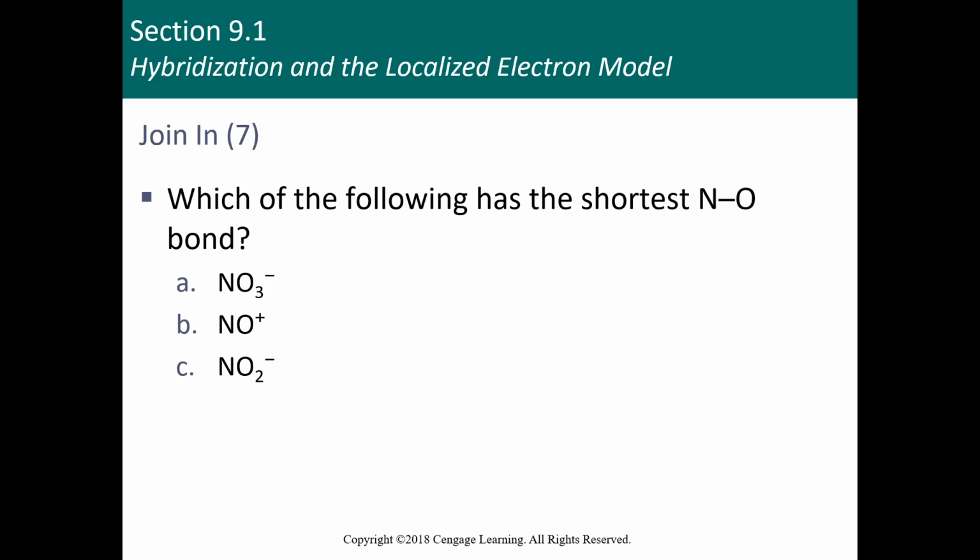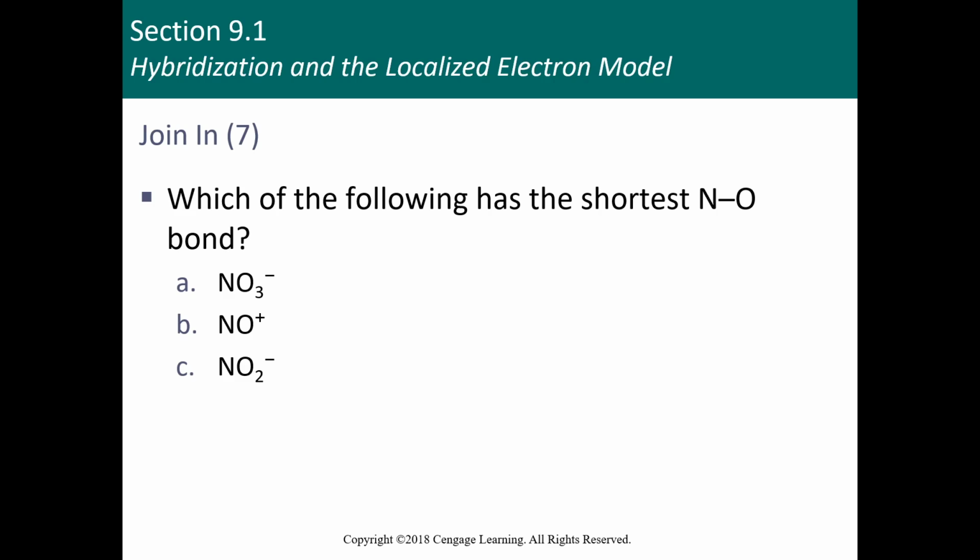All right, so which of the following has the shortest NO bond? What I'm doing here is comparing these different nitrogen-oxygen bonds and thinking about which one would be shortest. Now, there's 2 ways of looking at this.